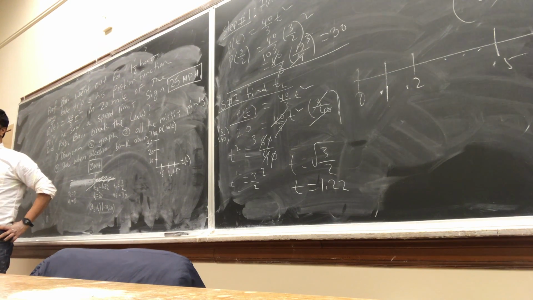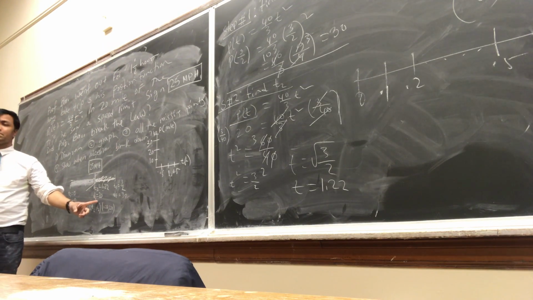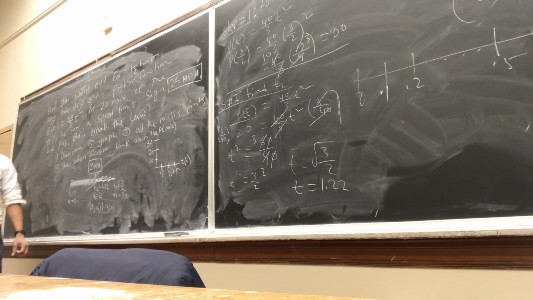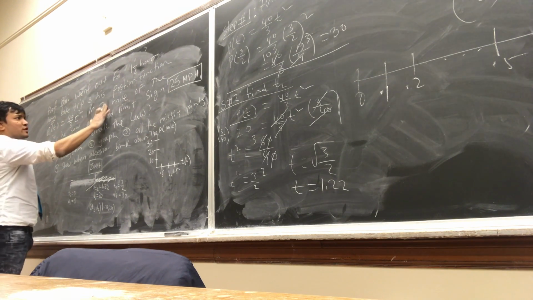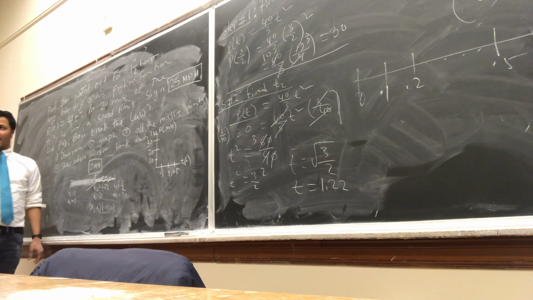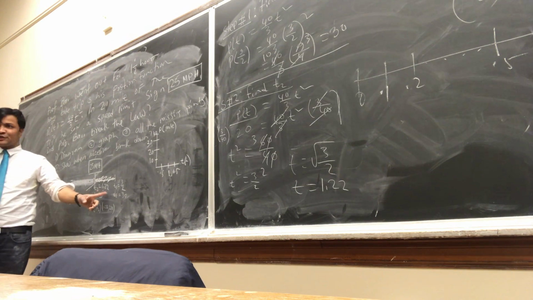Yes. Because the distance at that point is 20. So that's a critical point. You need to know the time at that particular point. At 1.22, that's the point of the speed limit sign, so that's the point you have to look at. Anything before or after doesn't matter. If I change this to 21, would it be 1.22?